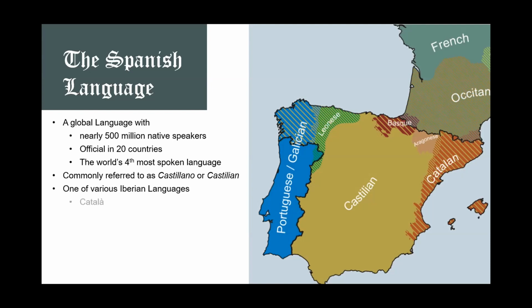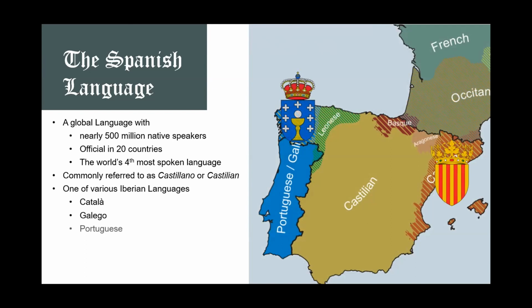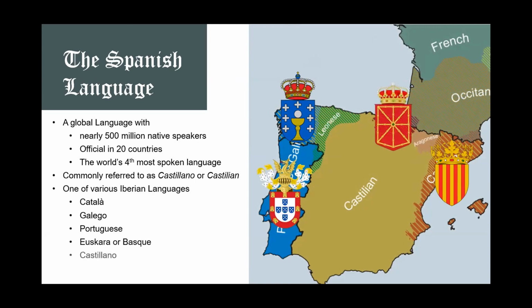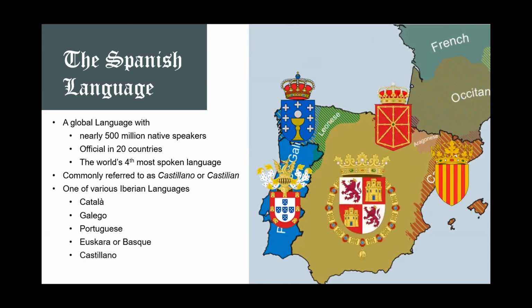These languages include Català or Catalan, Gallego up in the north, Portuguese, Basque or Euskara, and Castellano, which is named after the Kingdom of Castile. And indeed, many of these languages refer back to or form in the ancient kingdoms that used to exist on this peninsula.